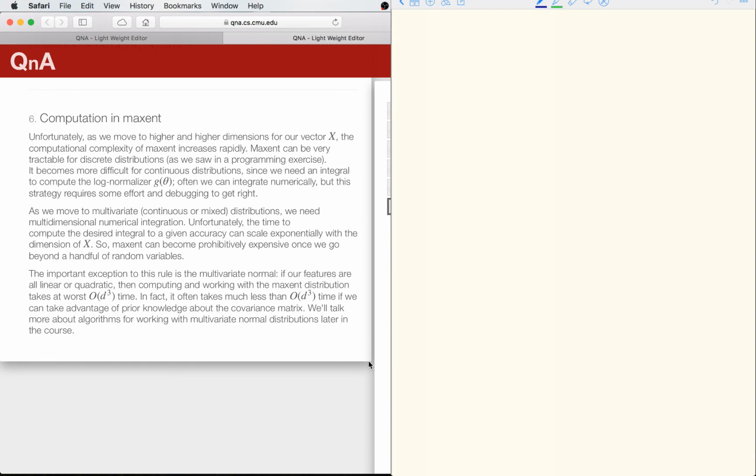But for this course, we're going to spend more time with the Gaussian because that's a great example, and because computing and working with Gaussian distributions is at worst cubic in the number of dimensions, and sometimes much better, which means that it's tractable to work with the normal distributions in a way that many other distributions are not.